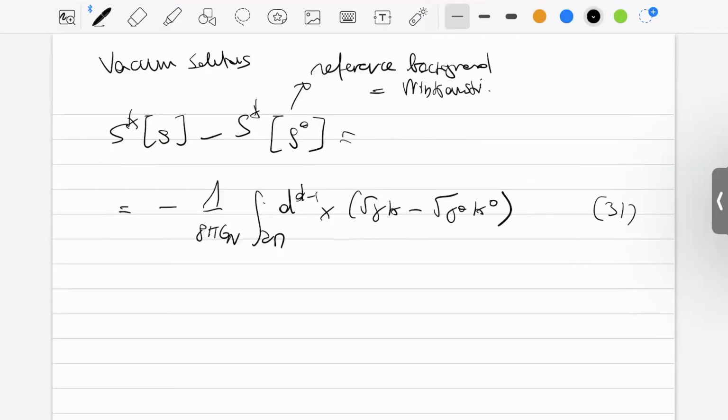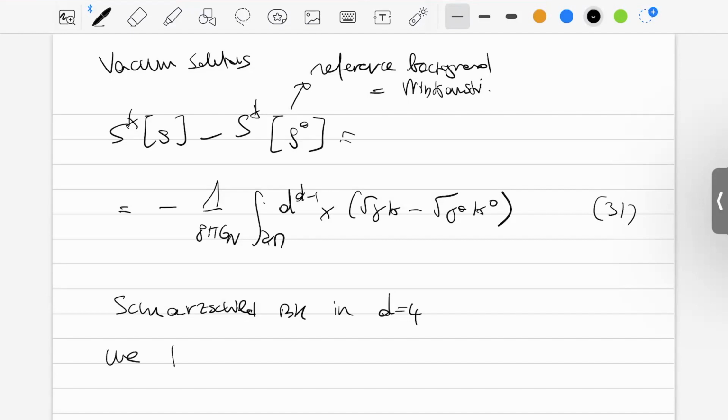Now let's evaluate this explicitly for a Schwarzschild solution, for a Schwarzschild black hole in d dimensions. Let's say d equals 4, to be specific. Now we need the boundary of M. Let's suppose that our manifold is a ball, a spherical shell.